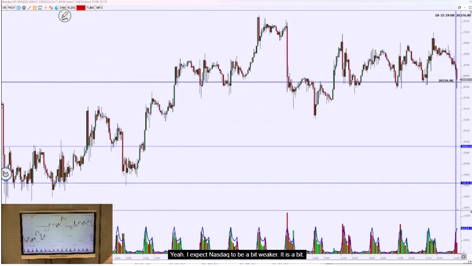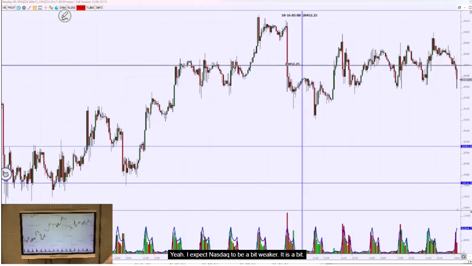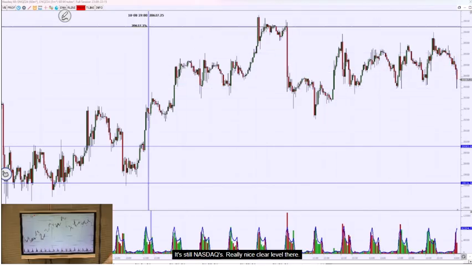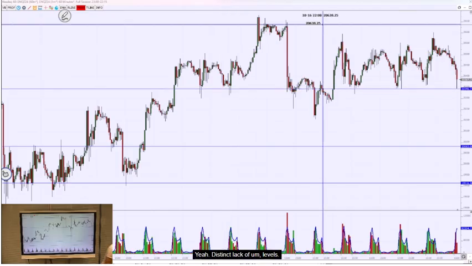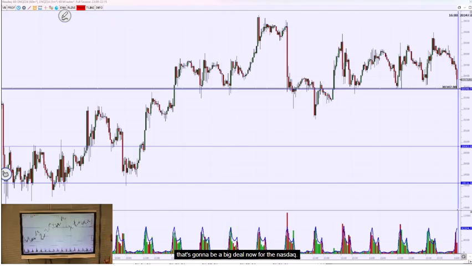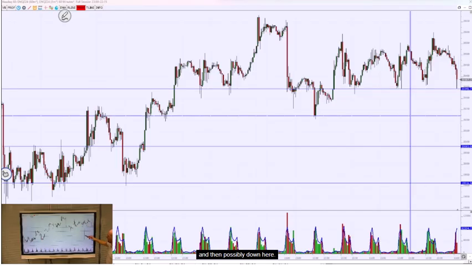Yeah, I'd expect Nasdaq to be a bit weaker. It is a bit. Nasdaq's really nice clear level there. You can see how much I chart Nasdaq. Yeah. Distinct lack of levels, but yeah, I think that's going to be a big deal now for the Nasdaq. Yeah, it could break through. That's what I'm watching. I think if that breaks, I took a short earlier. You've got all of these people to get pushed out, and then possibly down here.